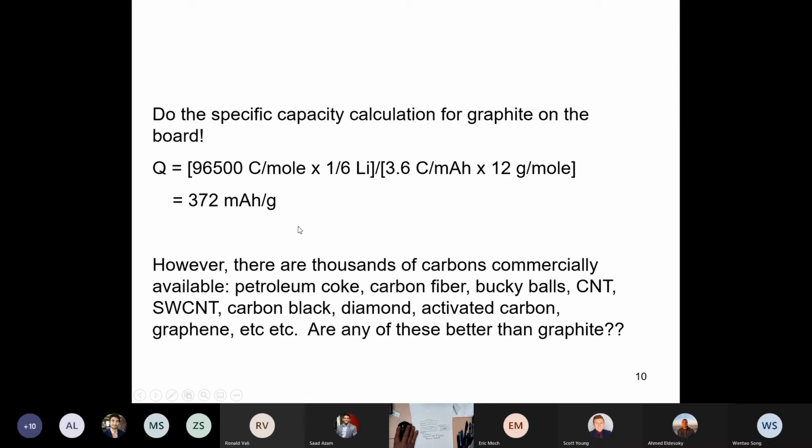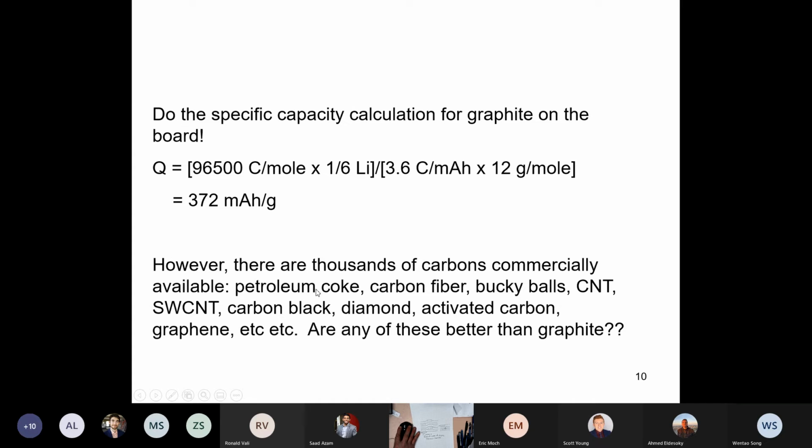So I guess back in about 1987, when we started working on carbons as negative electrodes for lithium ion cells at Moli Energy, there were thousands of commercially available carbons: petroleum coke, carbon fiber, buckyballs, carbon nanotubes, carbon black, diamond, activated carbon.